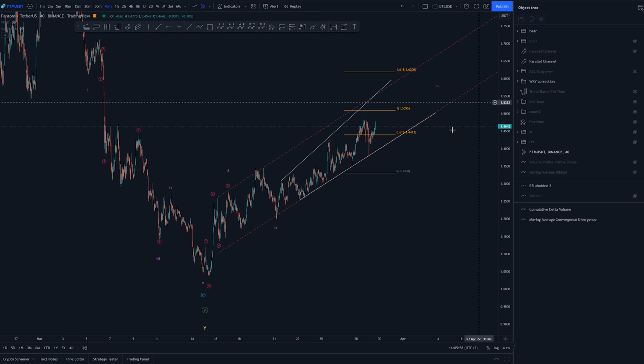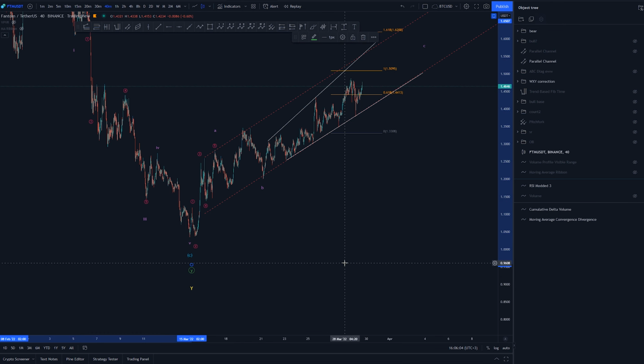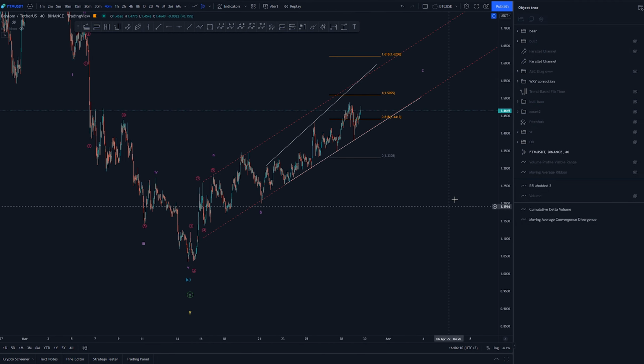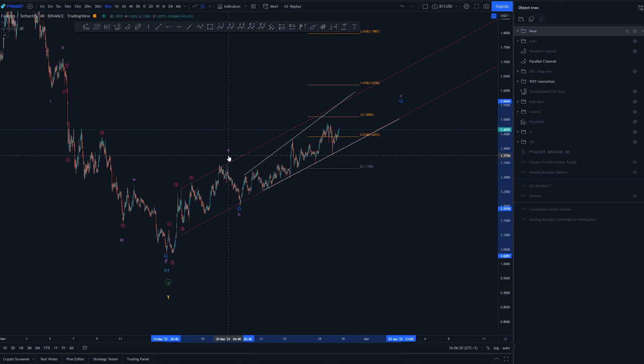This one is the bear option, saying that this Y, or more like this Y here, is not actually the end of the complex correction. Again, we are still having this 5-wave move here marked, and we still can have debates where this 5 ends, whether it's here or here, whether this is a running flat or not.